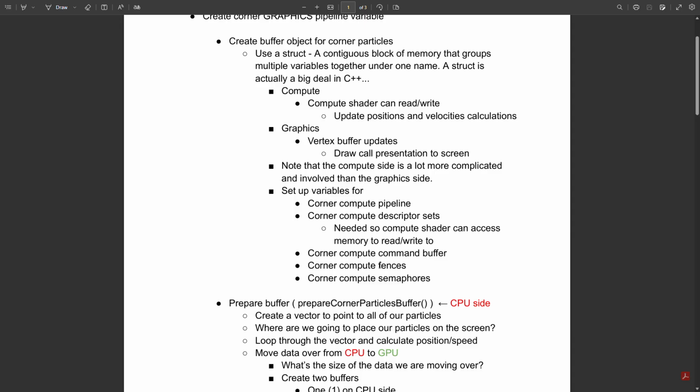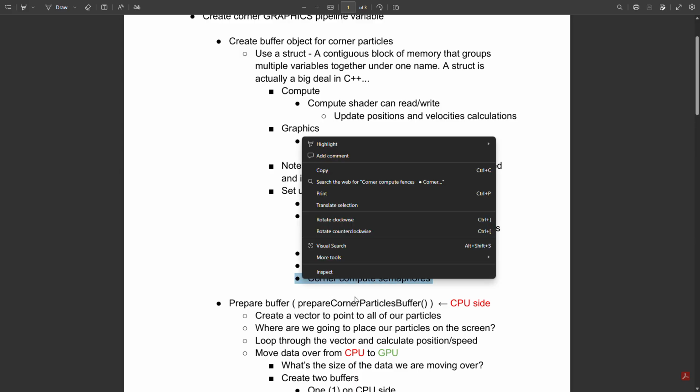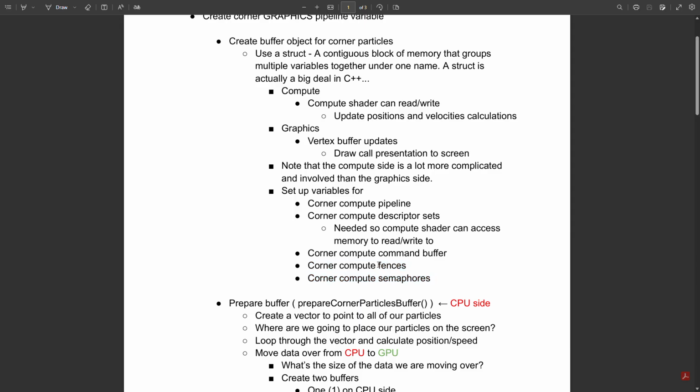And then of course we have compute fences and compute semaphores. Remember, fences are CPU to GPU synchronization, and semaphores are GPU to GPU synchronization, right?